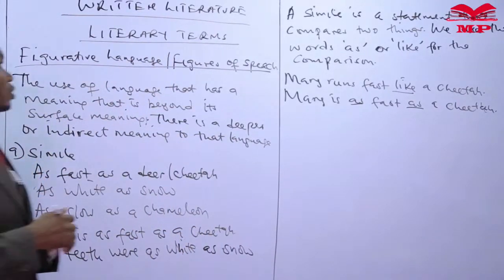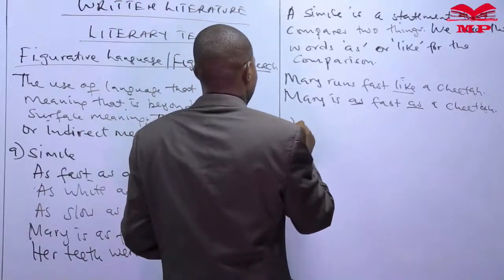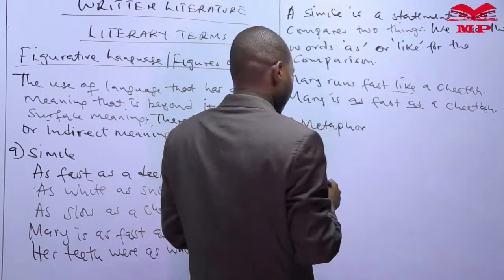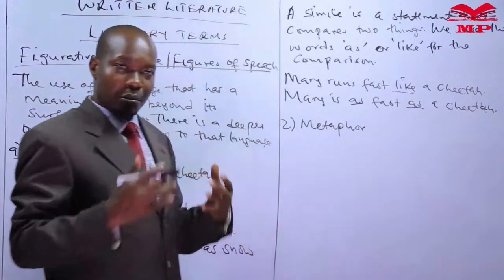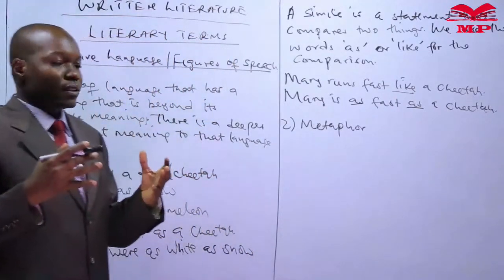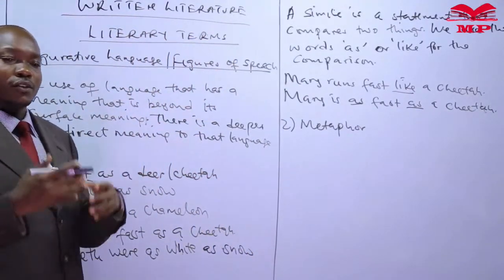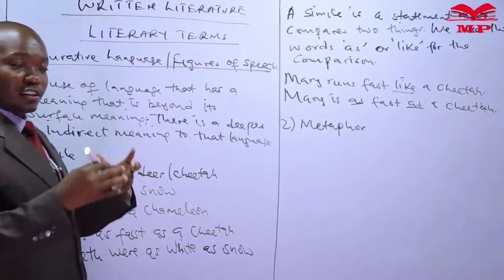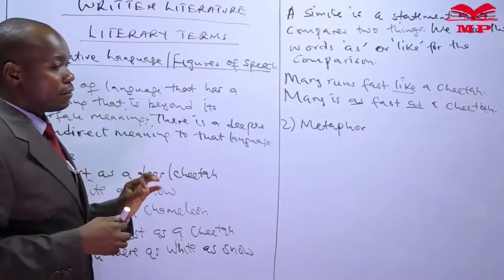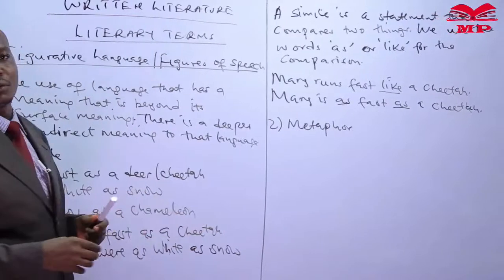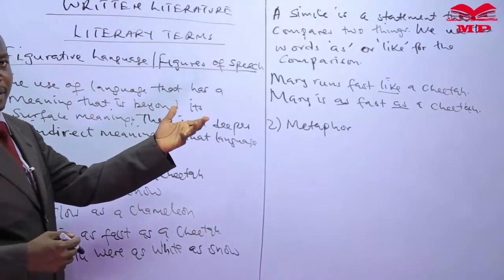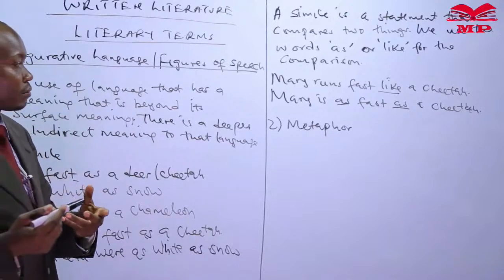The second figure of speech is called a metaphor. Again, a metaphor, just like a simile, it compares two things. The only difference is a metaphor gives direct comparison without using the words as or like, unlike a simile.